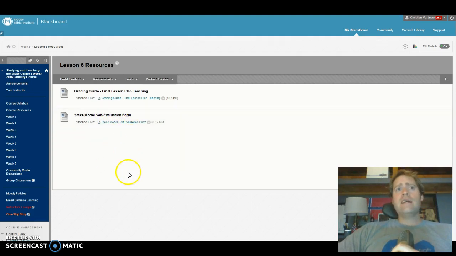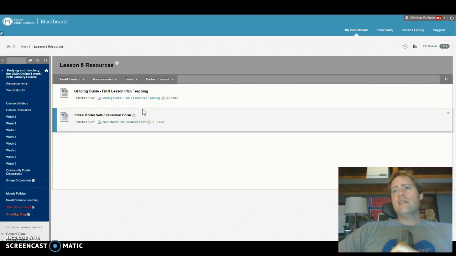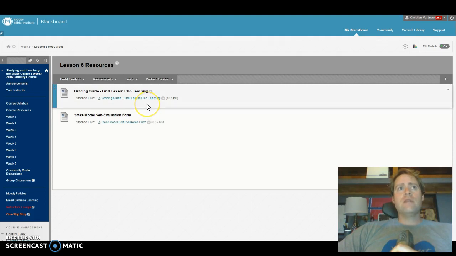When we're grading, I want to at least be able to see what lesson plan you went with, so we're not going back and grading the lesson plan from week 5 when you turn in the lesson plan in week 7. Turn in the one that you taught with. It shows exactly what you taught with, because I know a lot of you are going to tweak things from where you were in week 5 to where you are in week 7 after you did the lesson. So still turn in the final lesson plan.